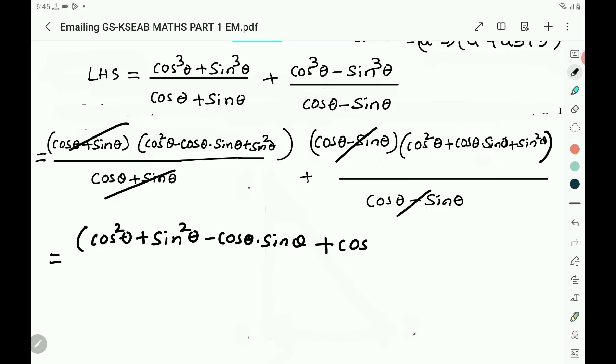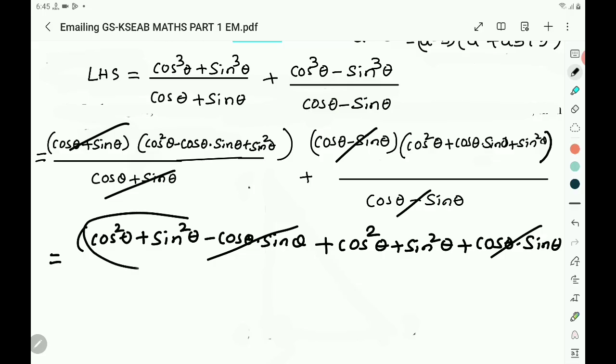Plus cos square theta, and bring this sin square theta together with cos square theta, plus sin square theta, and this plus cos theta into sin theta, plus cos theta into sin theta. Now you can cancel minus cos theta into sin theta plus cos theta into sin theta.